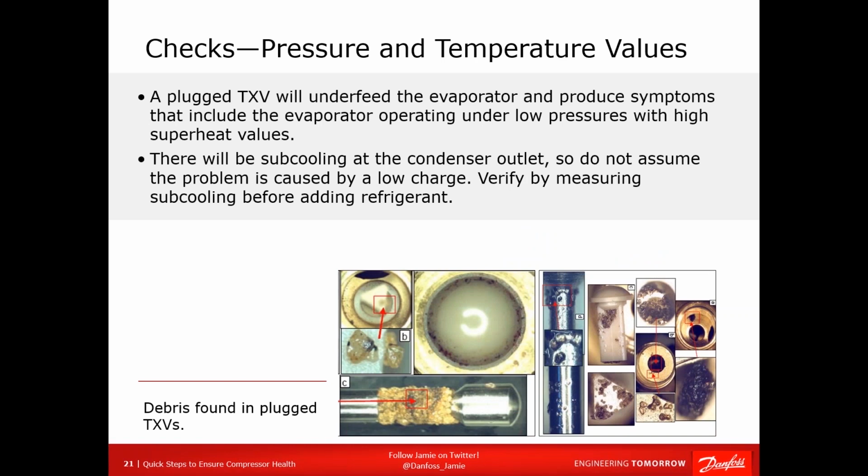So the next one, this is another one that can make you pull your hair out. If your refrigerant charge is okay, but you're not getting enough refrigerant into the evaporator, what could possibly be causing that? Well, a pretty good analogy to this is think back to when you were learning this stuff in school and you were taking electricity.